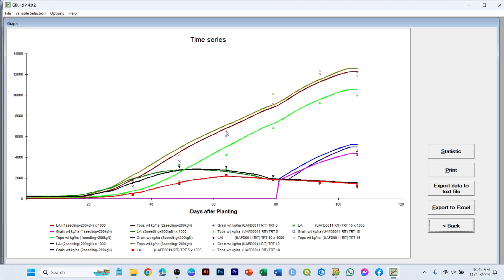So there is a difference of 1,000 kg per hectare in your tops weight.